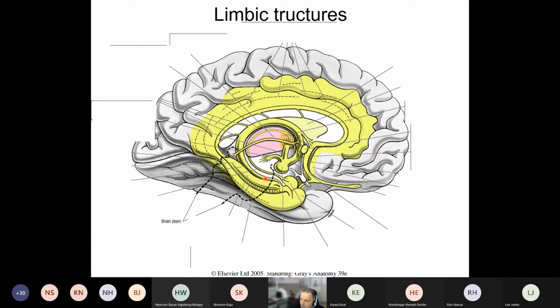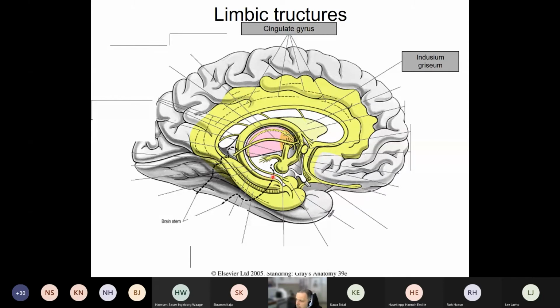In this slide, I highlighted the limbic structures. They are indicated in yellow, and some names I also indicated. The gray boxes refer to gray matter, and you will see some white boxes coming up. They refer to the tracts, which also belong to the limbic system, because these centers are interconnected with each other.